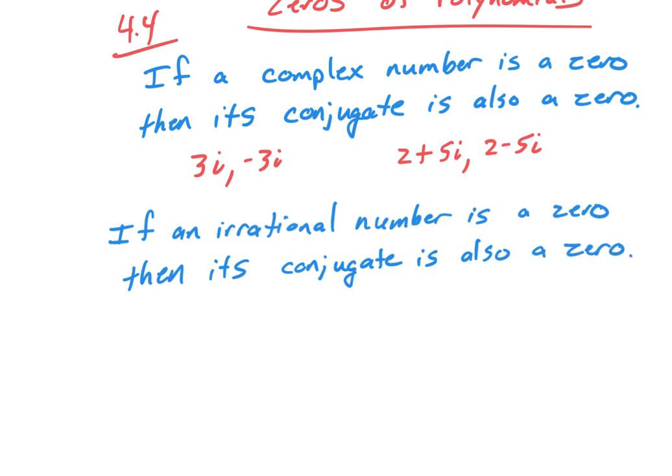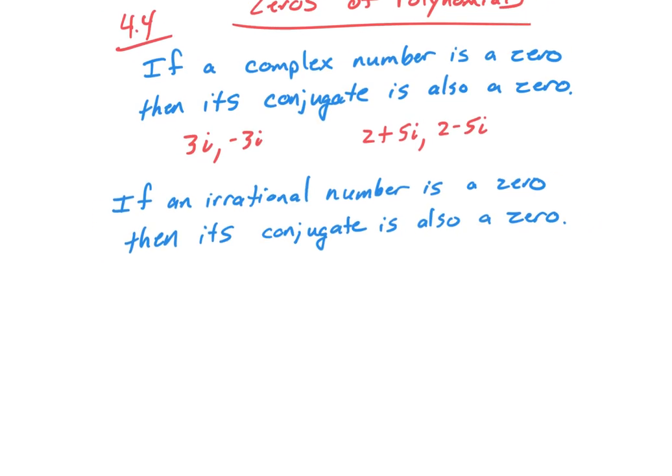So irrational numbers can also have conjugates. I'll give you a couple of examples of what that would look like. If I just said radical 5, and when we talk about an irrational number, it's a decimal that goes on forever. So the most common irrational number is pi, but we don't really see pi in algebra very often.